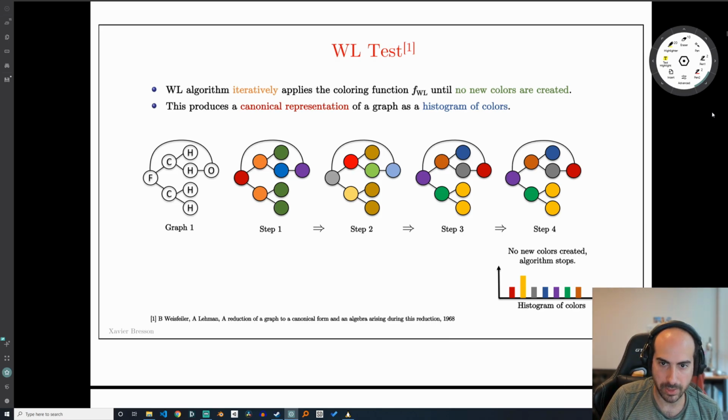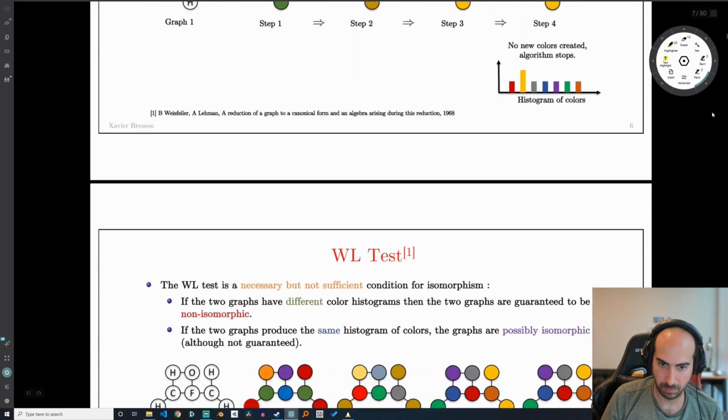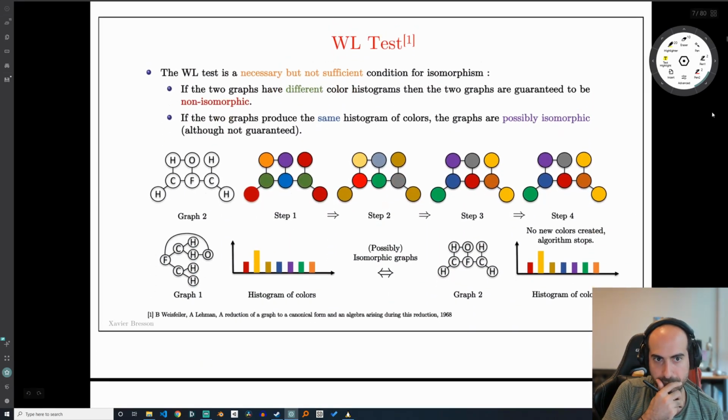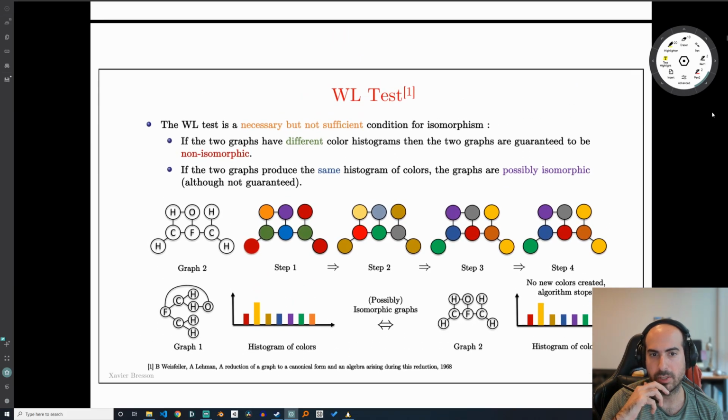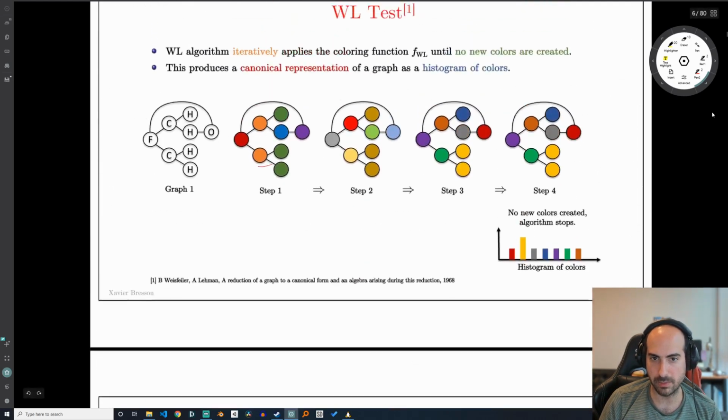So let's say at step one here, you have a bunch of colors here. Okay, this doesn't explain anything. If the two graphs have different color histograms, then they're guaranteed to be non-isomorphic. Okay, this is making a bit more sense.